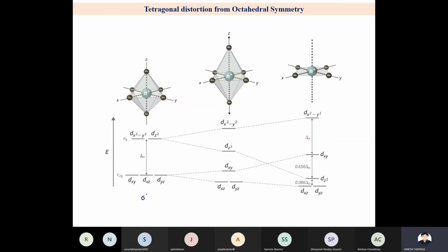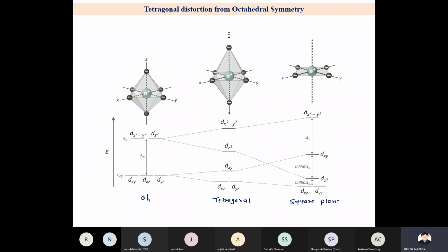And this is a tetragonal case, and then square planar, where dx square minus y square has more energy compared to dz square. Now this is the case of square planar geometry.